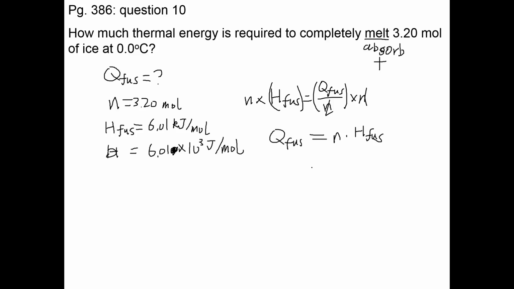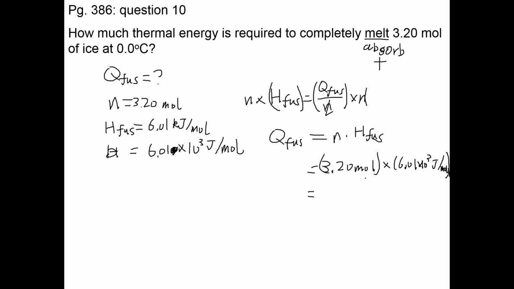So Q of fusion is equal to the number of moles, 3.20 moles, times heat of fusion, 6.01 times 10 to the 3 joules per mole. I just realized we do not have to convert to joules, but it's a good habit to do the conversion because you never know. So 3.20 times 6.01 times 10 to the 3.